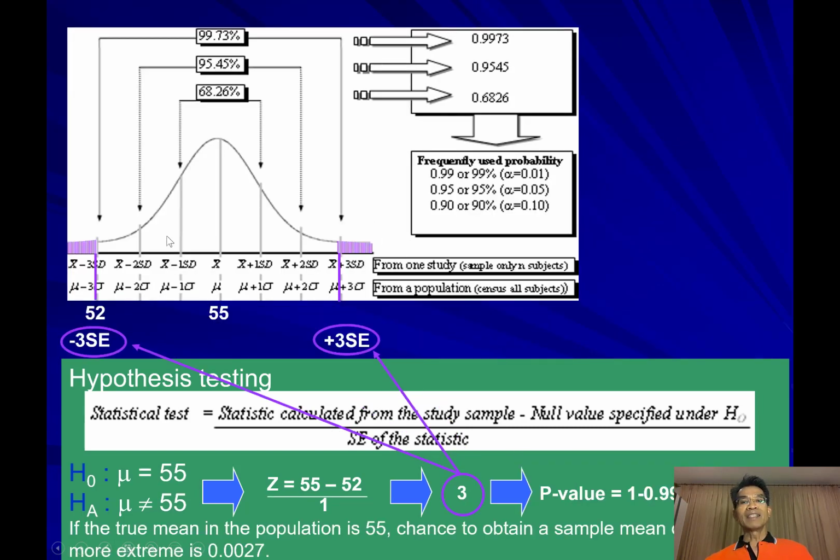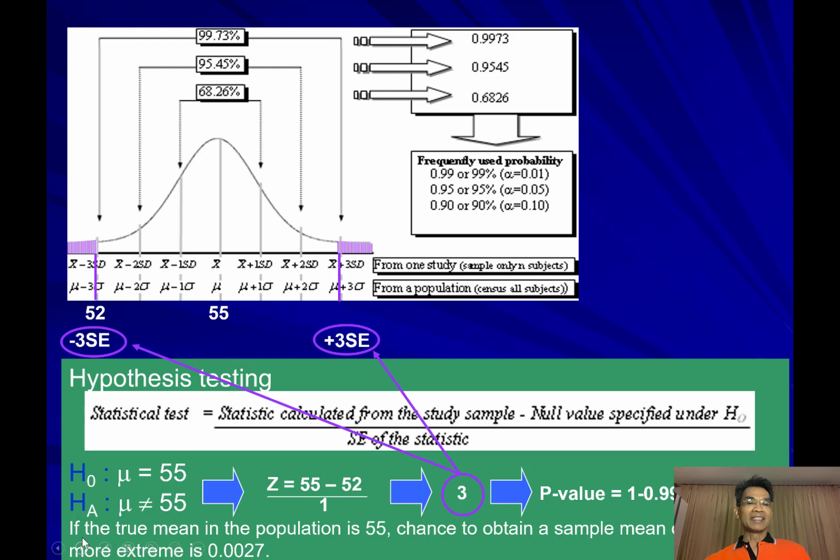The whole area is 100%, or probability 1, minus this one, which is 0.9973, because it corresponds to 3. It's equal to this probability. This is the p-value. It's equal to 0.003 approximately, or 3 out of 1,000, right?